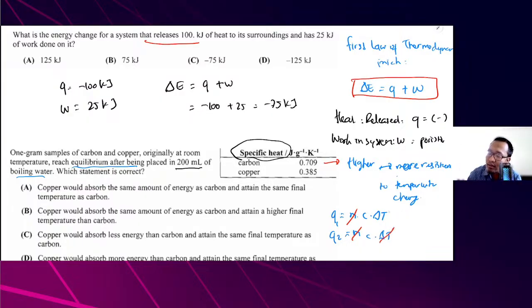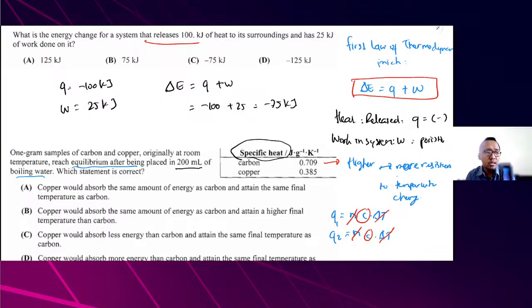We can cancel out ΔT as well, because both have the same temperature change. The difference is c itself, the specific heat capacity.